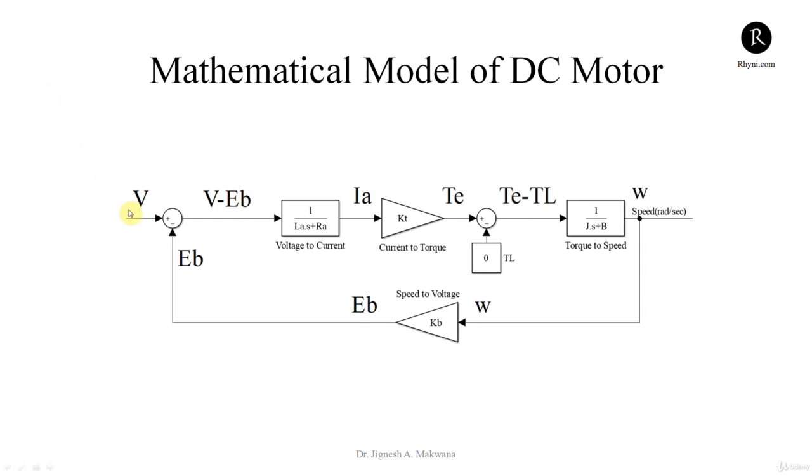After that, if we supply a specific amount of voltage and the parameters are known, Ra, La, Kt, Kb, J, and B, then we can have an idea of the steady state speed and how the speed will rise, and the dynamic response of the speed can be known with the Simulink model. So this is the mathematical model of the DC motor.